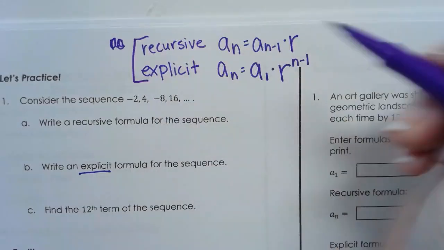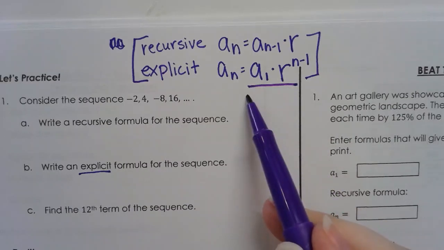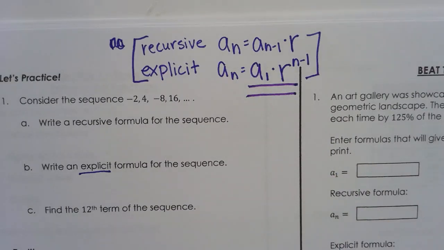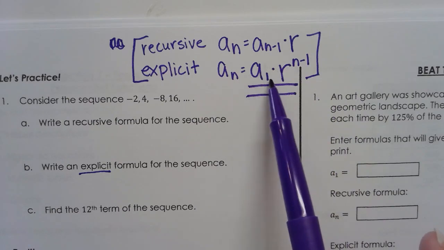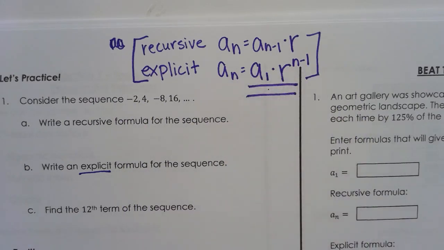These two, when we're talking about geometric sequences, are really important to you. Now, this one, where I was going to take you just a second ago, is listed on the back cover of your Algebra Nation workbook. On that formula sheet, you will see geometric sequence, a sub 1 times r to the n minus 1.